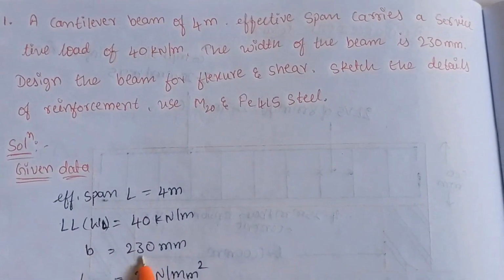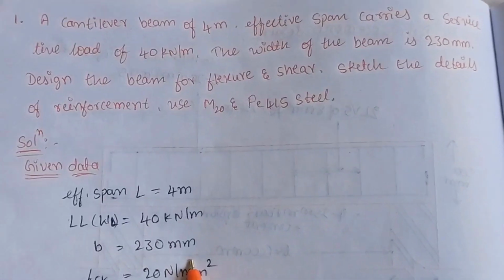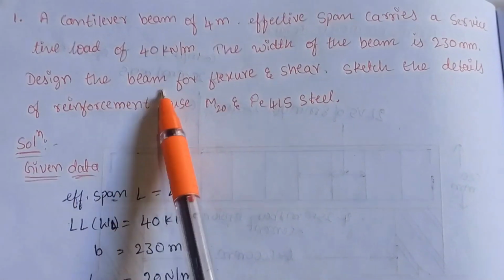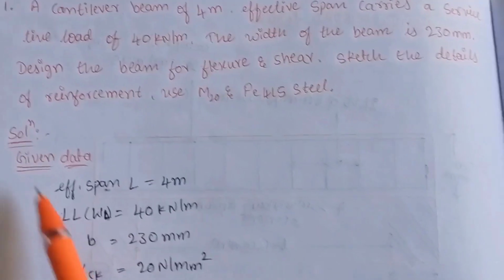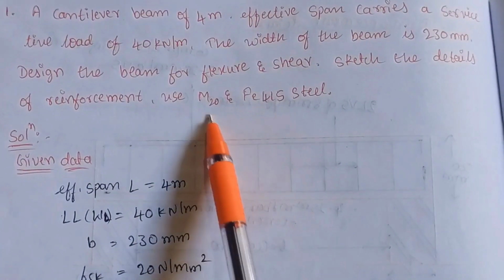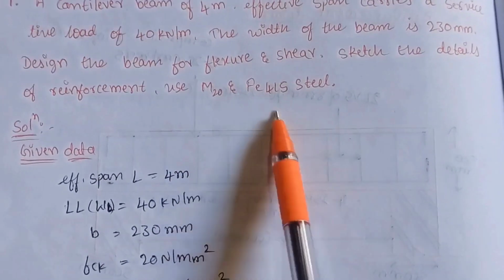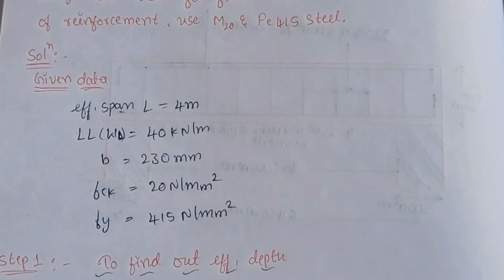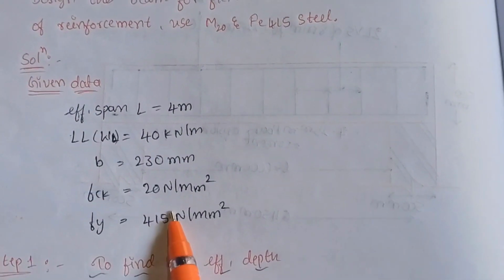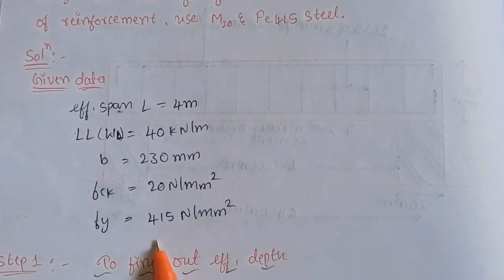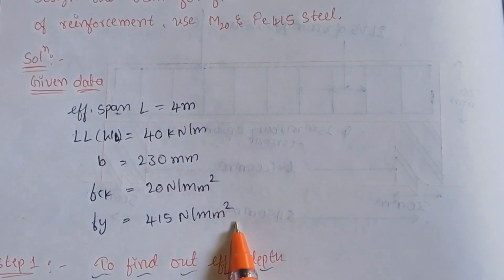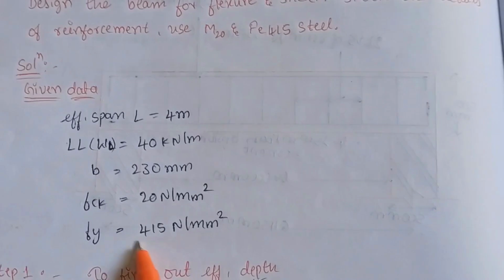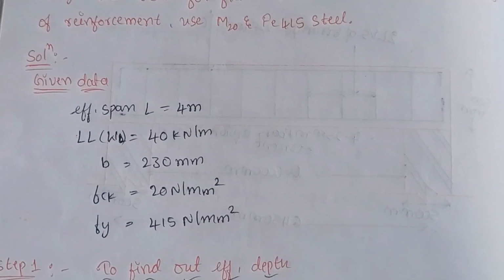And they have said to design the beam for flexure and shear, using M20 concrete and Fe415 steel. So our fck is 20 N/mm² and fy is 415 N/mm². So this is the data we have in this problem.